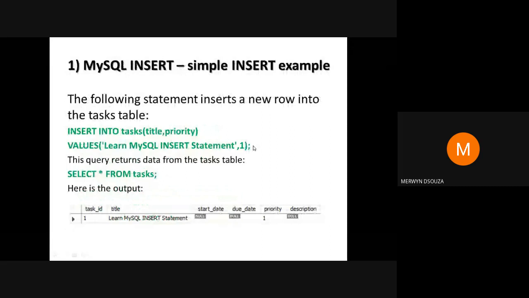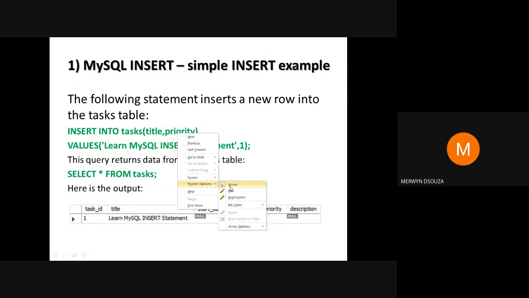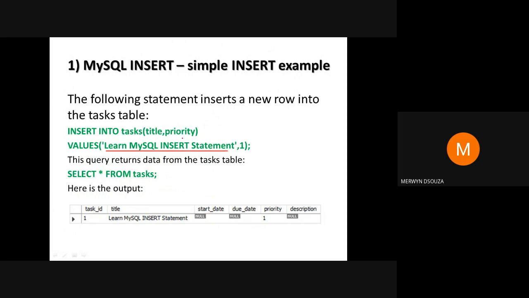Let's see first how to insert one row at a time. The following statement will insert a new row into the task table. We're going to insert data into 2 columns, both defined as NOT NULL, that is the title and the priority columns. The title that will be stored is "Learn MySQL INSERT statement", and the priority is set as 1.